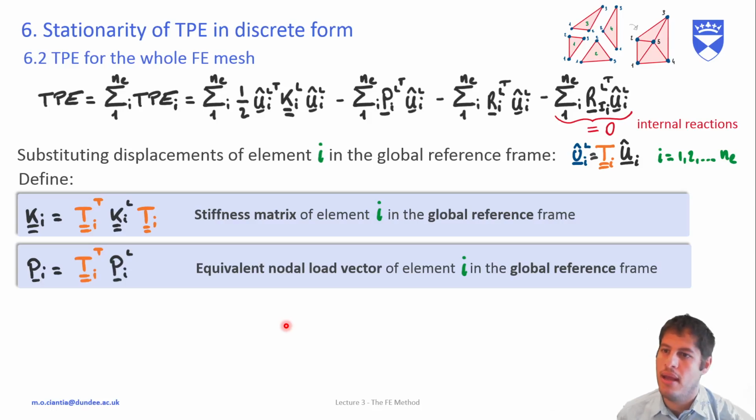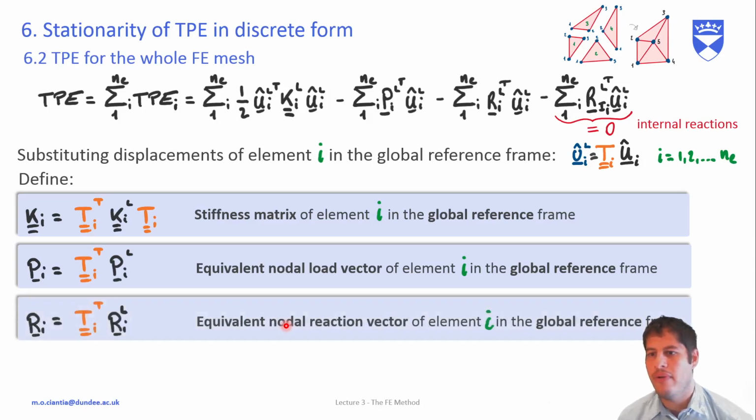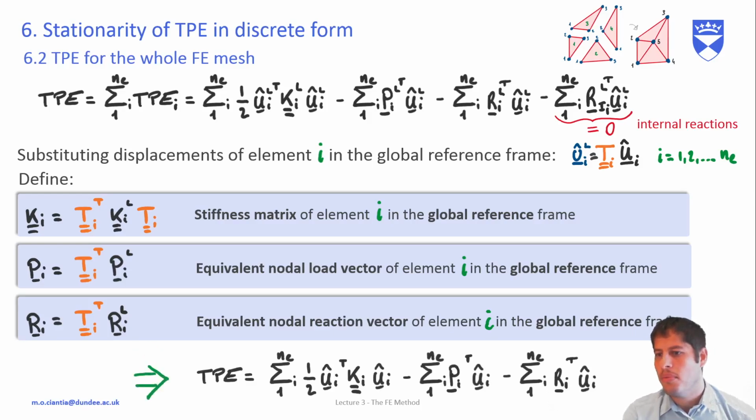And in the same way, the equivalent nodal load vector in the global reference and the equivalent nodal reaction vector in the global reference. So the total potential energy of the whole system of the assembled mesh will be the sum, from 1 to NE, of the total potential energies using the stiffness, equivalent nodal load vector and equivalent nodal reaction vector in the global reference frame. Okay.